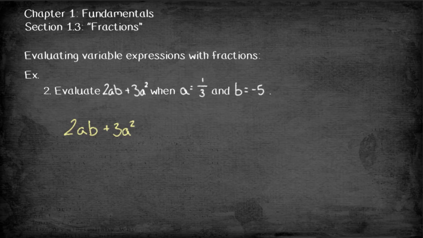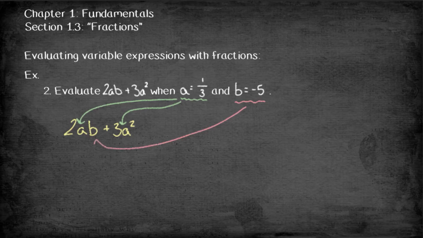Remember that the a's are going to be replaced by a third wherever you see them. So that's going to be here and here. Meanwhile, the negative 5 is going to replace the b's, which we only have one right here.